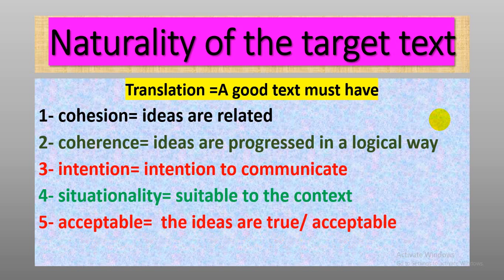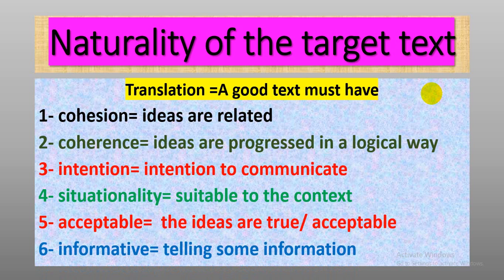Then we have number 5, acceptability. Acceptability means that your ideas must be true and must make sense to your reader or the receiver of the text. And lastly, we have informativity.